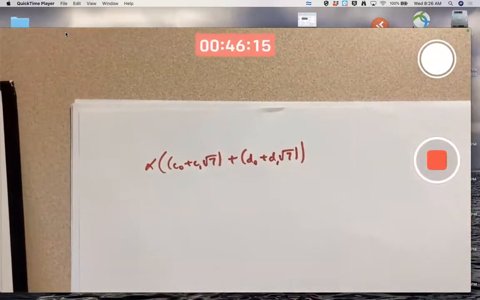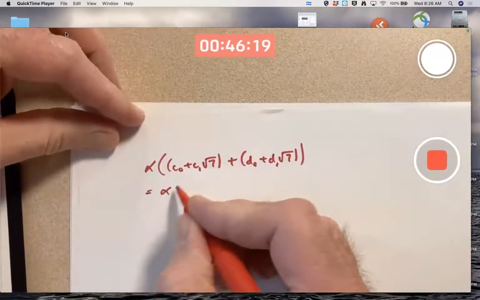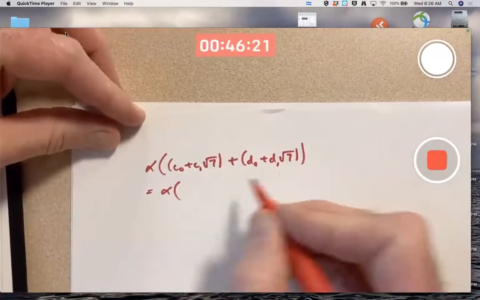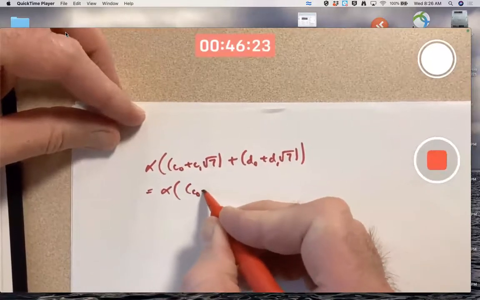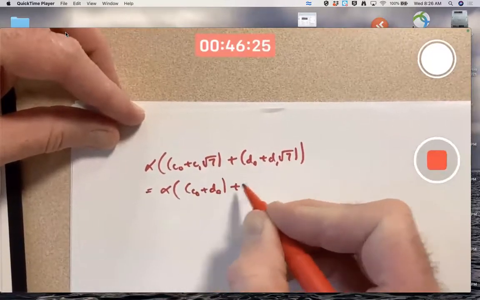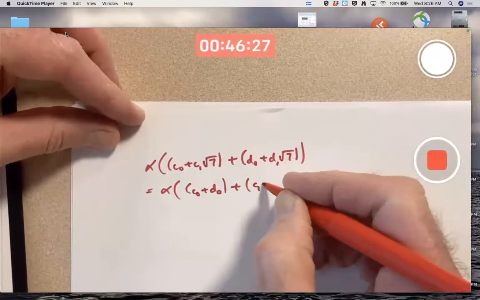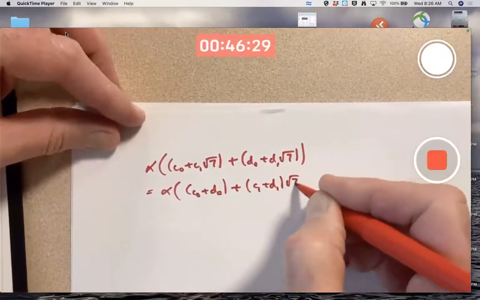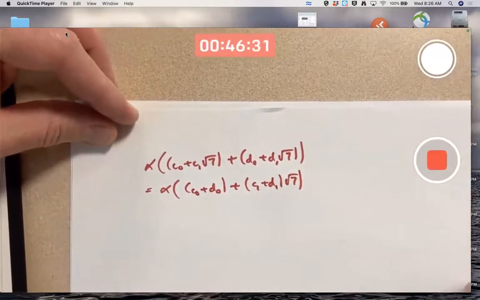So it would be operation preserving of addition. Well, you've got to actually add these things. You're going to get C0 plus D0 plus, in parentheses, C1 plus D1 times root 7. That's how you would add those elements.